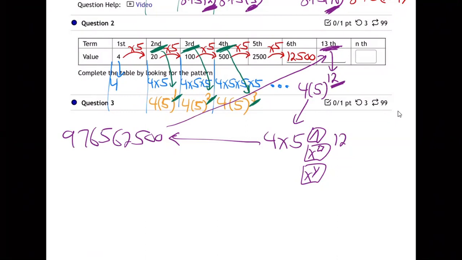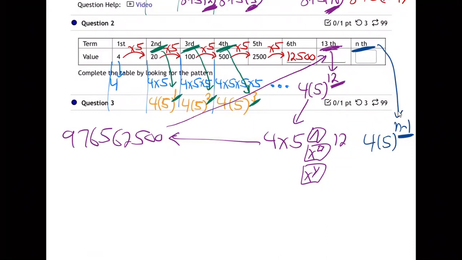So I'm going to do the same exact pattern, meaning what? It's 4 times 5 to the n minus 1. Do you see the connection? This and this has to be 1 lower, doesn't it? Do you see how the power has to be, oh, I already made that connection, didn't I?